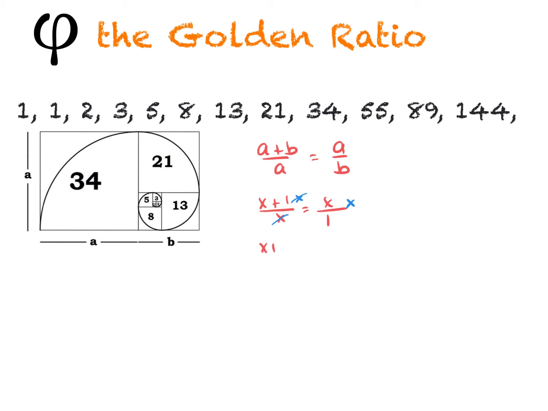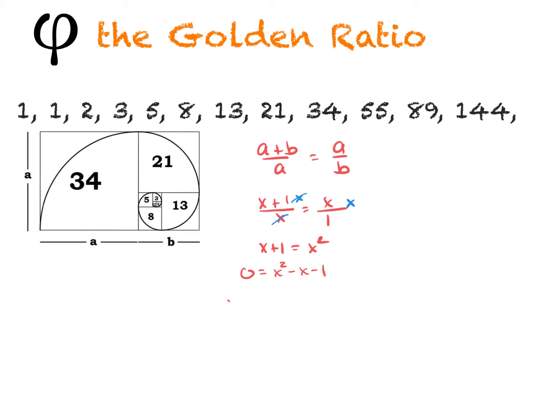That gives us x plus 1 equals x squared. Okay, so it might have been a minute since we've done some algebra here. So I'm going to get 0 on one side. This is quadratic, so x squared minus x minus 1 by subtracting the x and subtracting 1 from both sides.